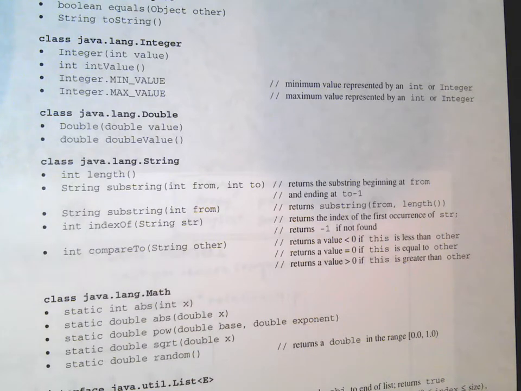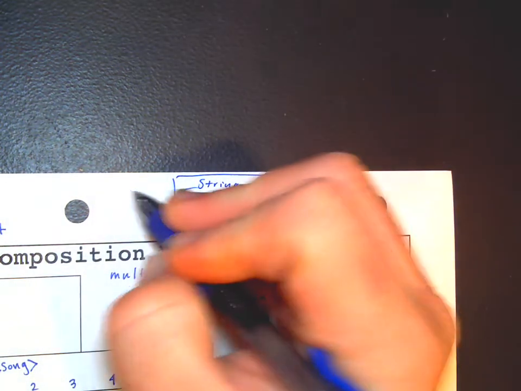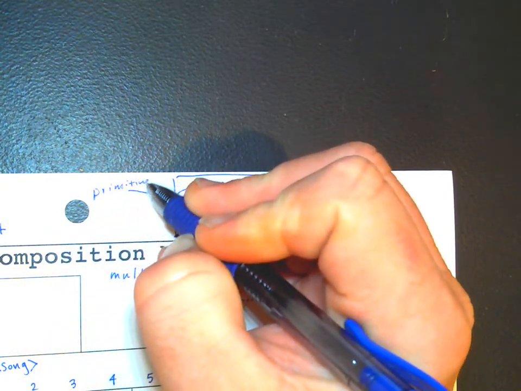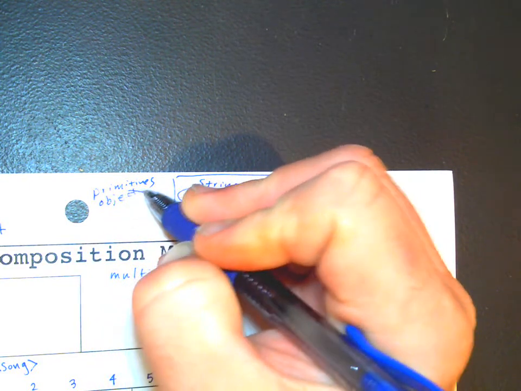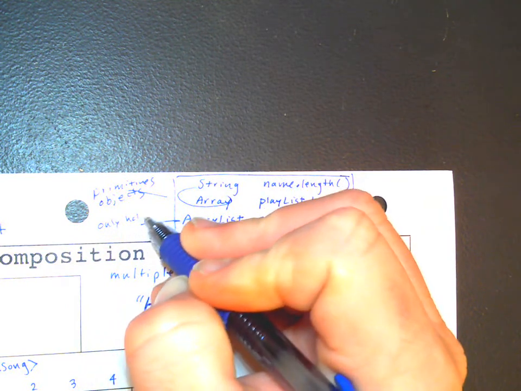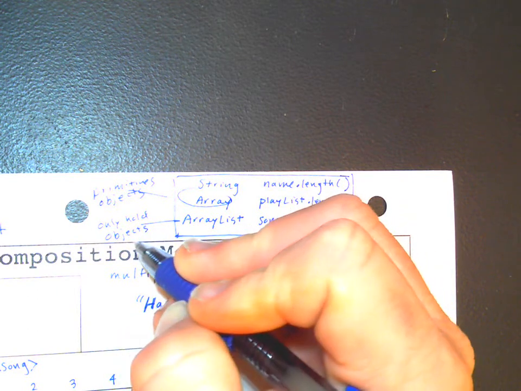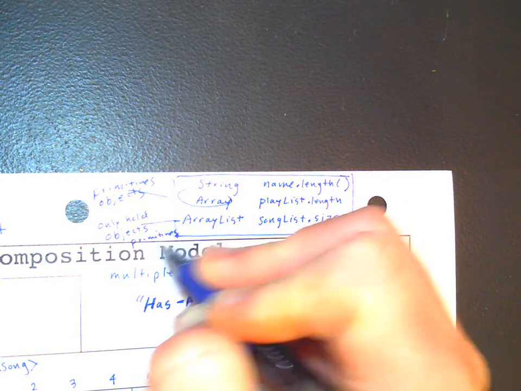Arrays can hold primitives and objects. So arrays can hold primitives, ints and all that stuff, and objects like strings. But array lists can only hold objects, not primitives. So you have to create some other creative way to work with them.